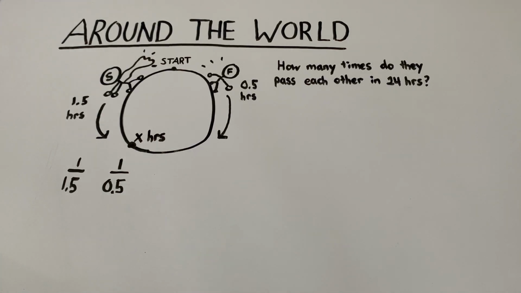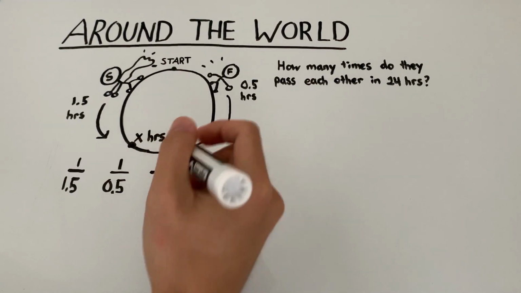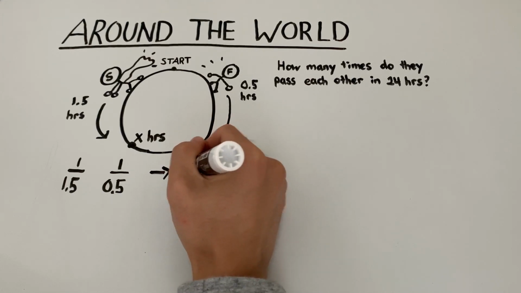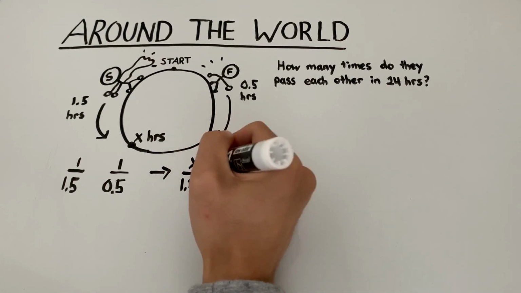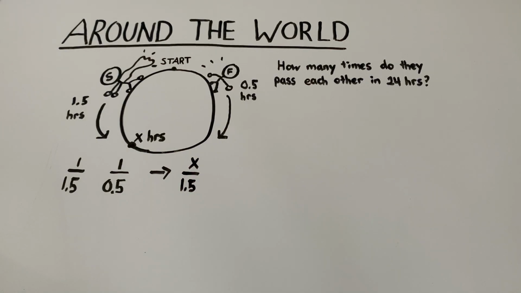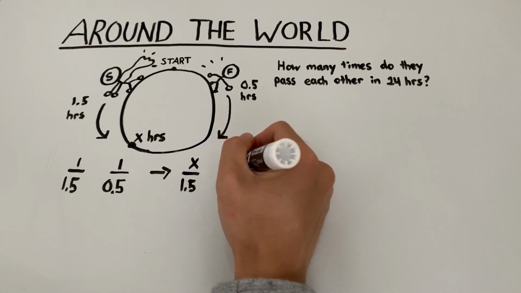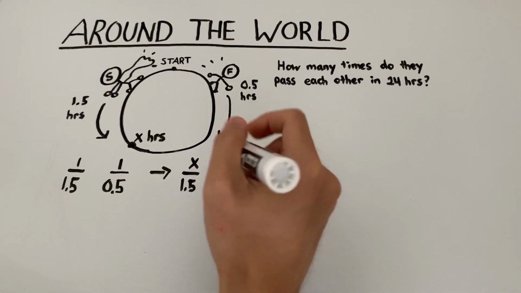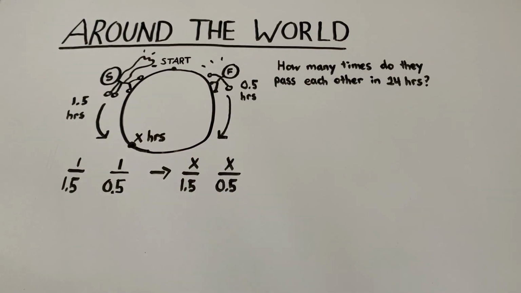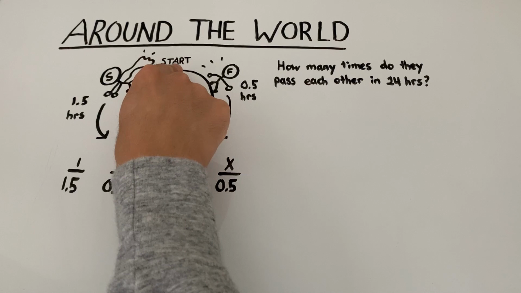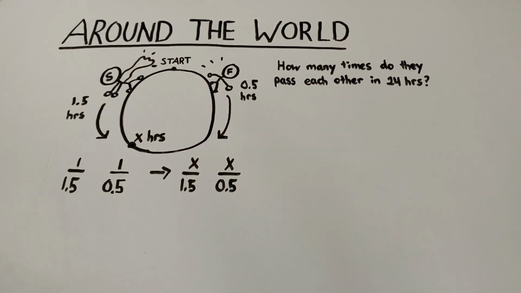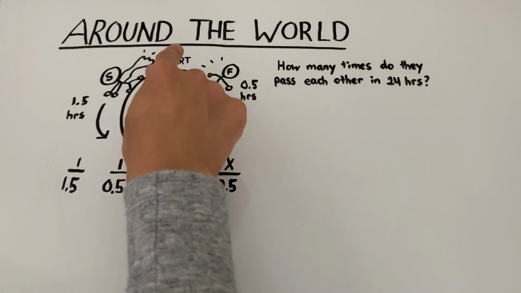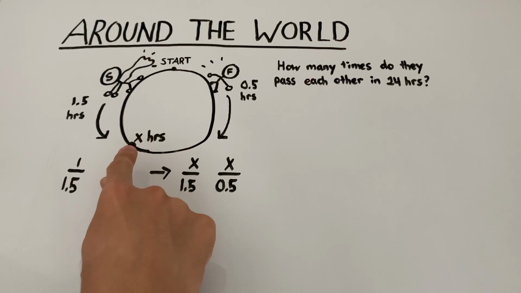Then that means Superman has traveled X over 1.5, while Flash has traveled X over 0.5. And now, notice that from their starting point to their first meeting point, Superman has gone around this part of the world, while Flash has gone around this part of the world in the opposite direction.